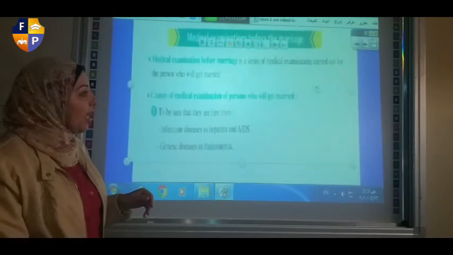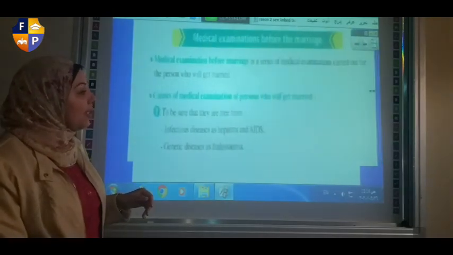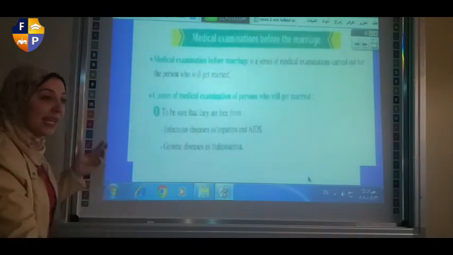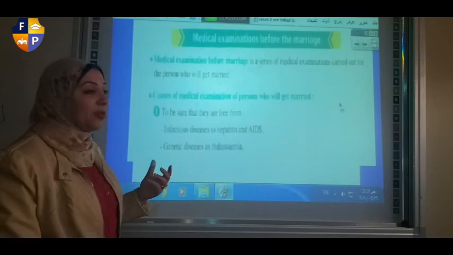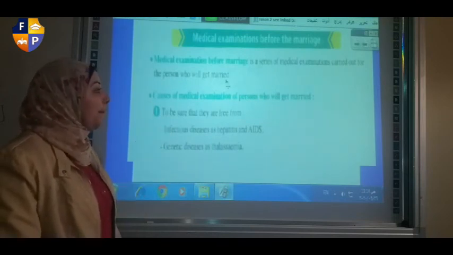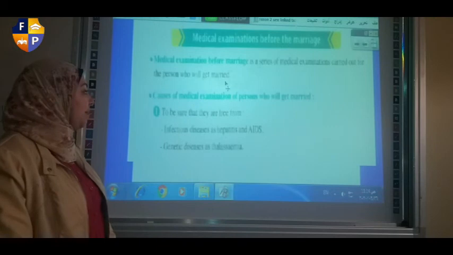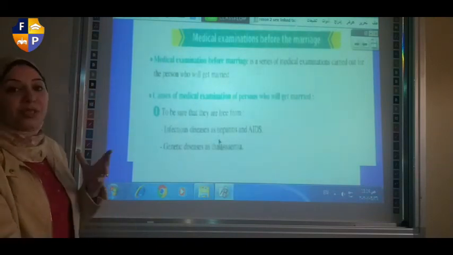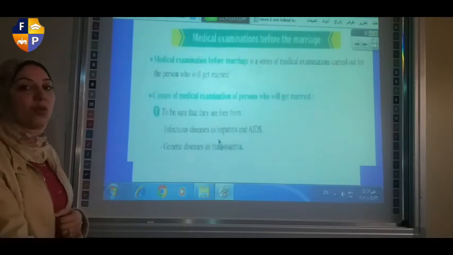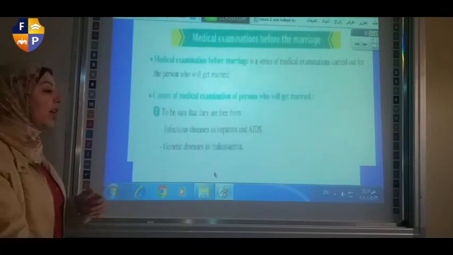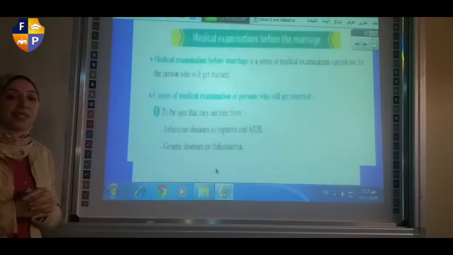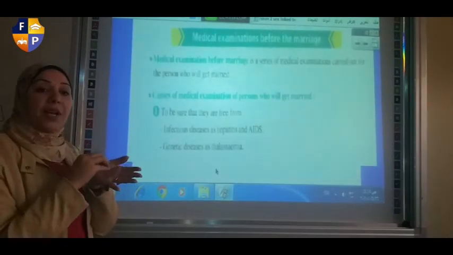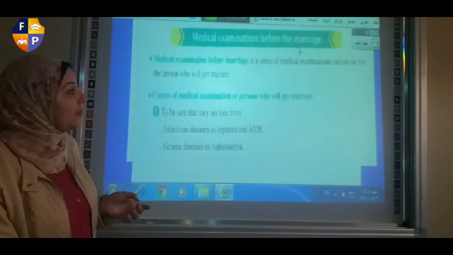Now we will talk about medical examination. What is meant by medical examination? It is some tests or exams done to the persons who will get married. Why do we make a medical examination? To be sure they are free from infectious diseases like hepatitis or AIDS, and also do not suffer from any genetic diseases like thalassemia, which is a type of anemia affecting red blood cells.